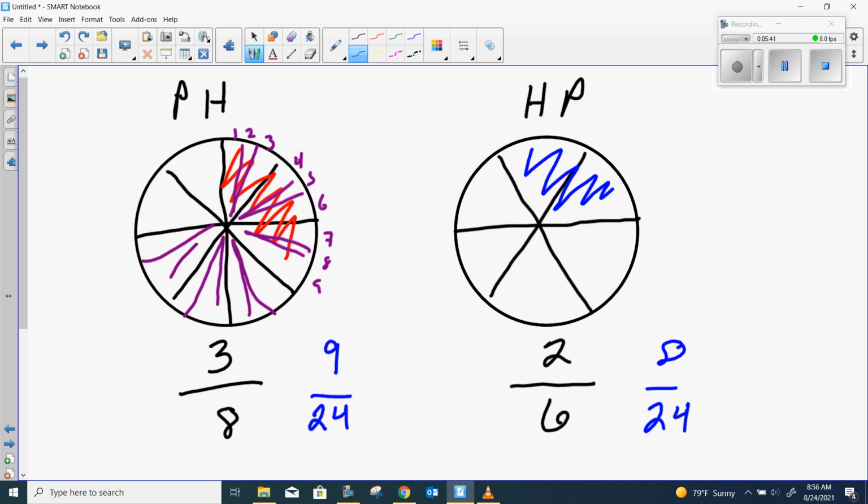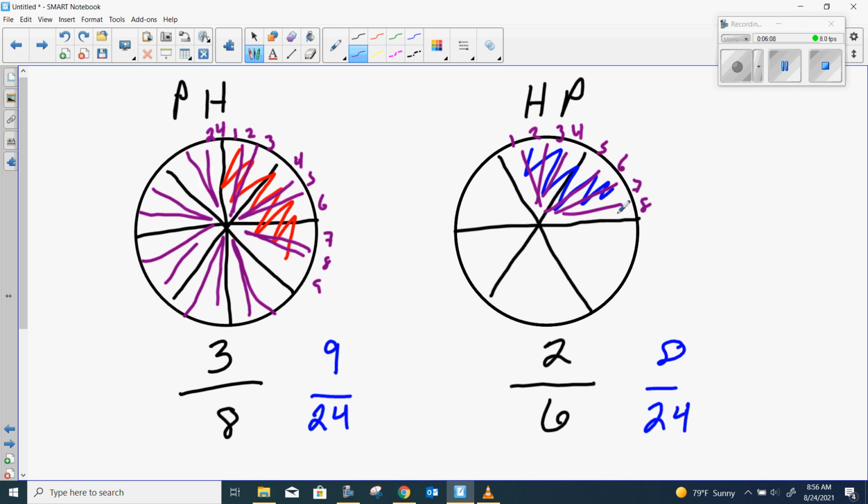My art, me being an artist, is not the greatest thing here. But if I divide these all up into equal portions, I will get back to 24 pieces. Whereas over here at Humble Pie, I had to take it times 4, so each piece actually gets broken down into 4 pieces now. So I have 1, 2, 3, 4, 5, 6, 7, 8.